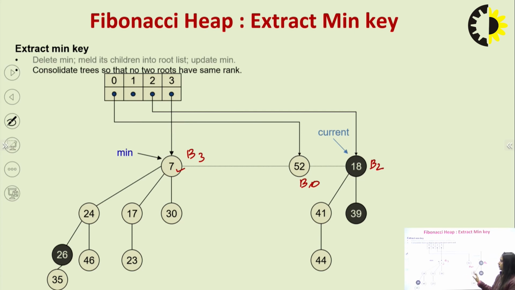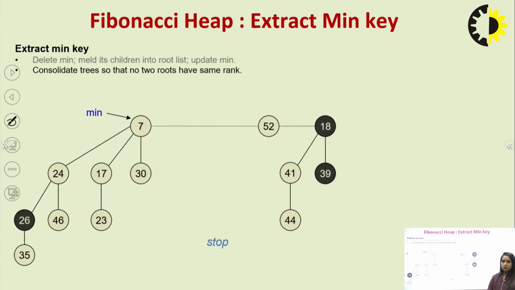This is my final Fibonacci heap after extraction of 3. This is a lengthy method, and that's why it is a very important operation of the Fibonacci heap. I hope this is clear to you. If you have any doubt in this operation, you can comment.